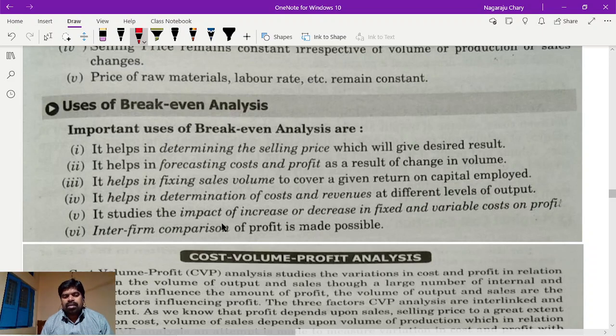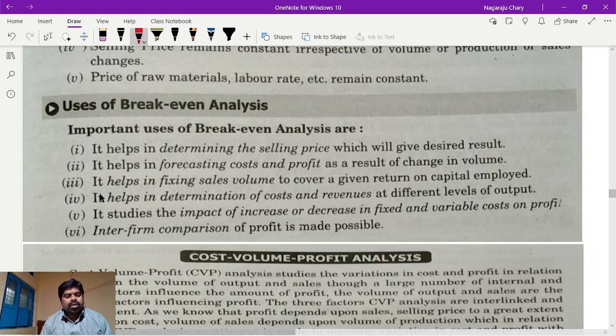After that, our profit will be expected. So above this point, the profit is taken into consideration, and below this point the selling price is below the total cost. So it helps in determining the selling price to get a desired level of profit.